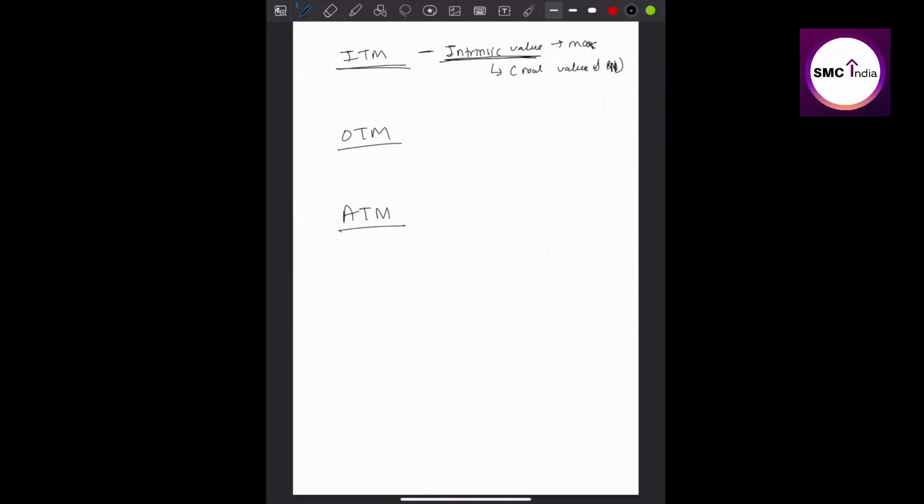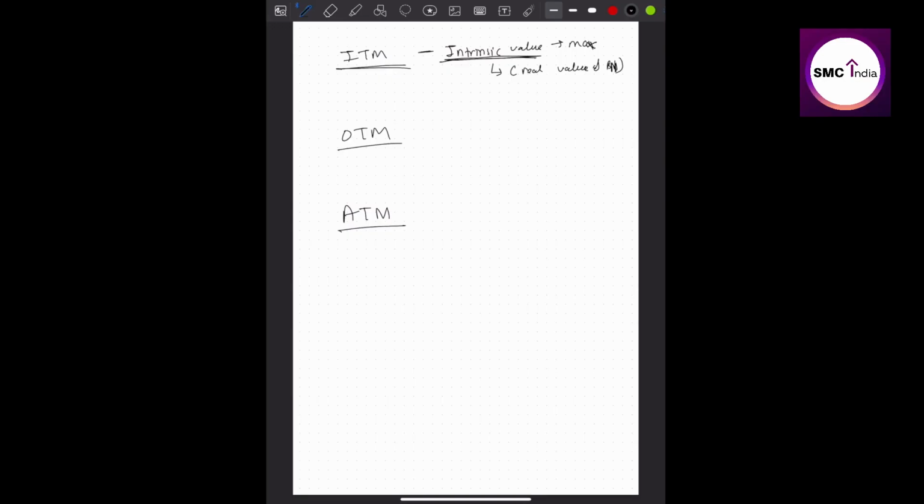So the time value is always negative, because on Friday the time value is maximum, then by the coming Thursday, theoretically, that option will go to 0. The time value is always decreasing so that it can take the option premium to 0. So our option premium is made up of a lot of parts.